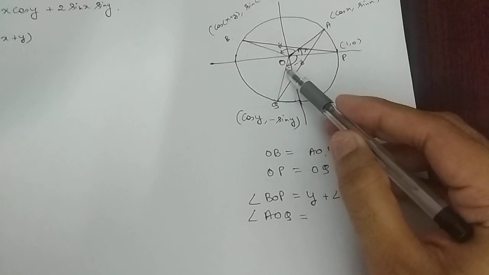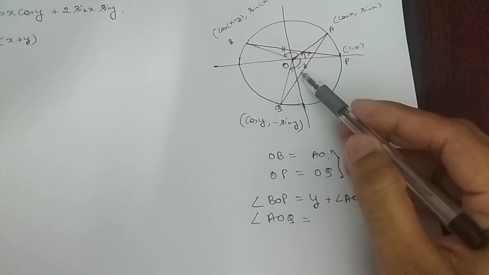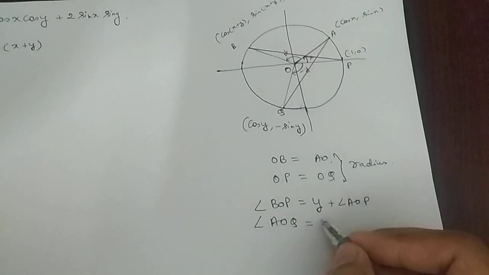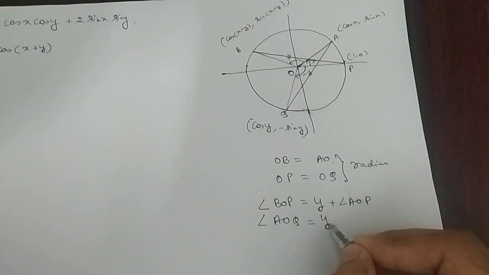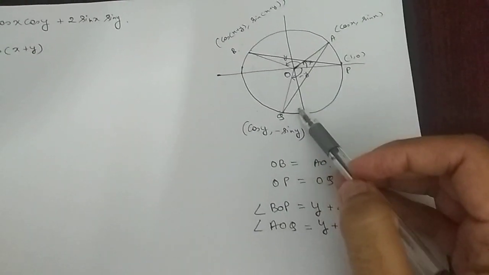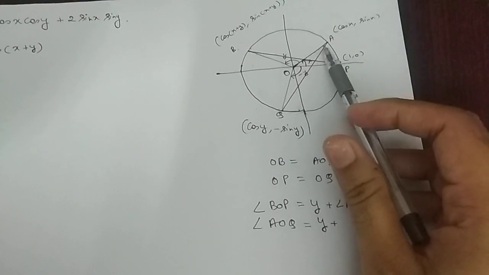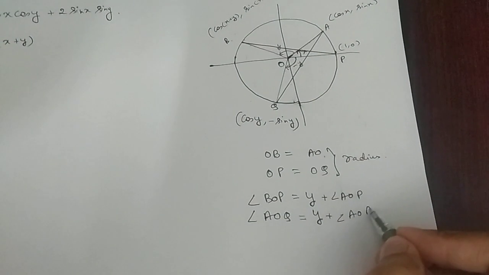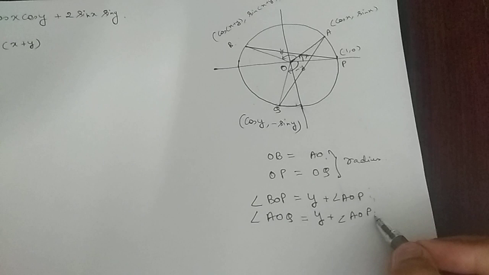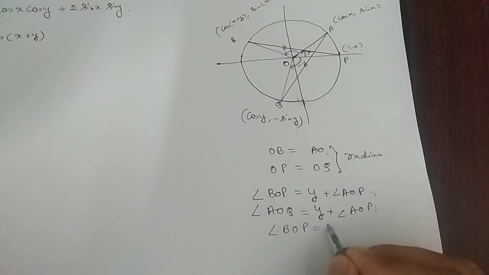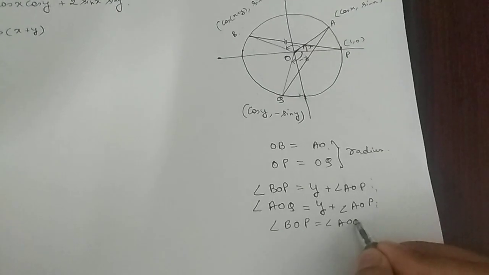No doubt it is minus y because of its direction, but the magnitude will remain the same. So let us write down the magnitude. So it is y plus, and in case of angle AOQ also, y plus this smaller angle AOP. So from these two statements, can we write angle BOP is equal to angle AOQ.